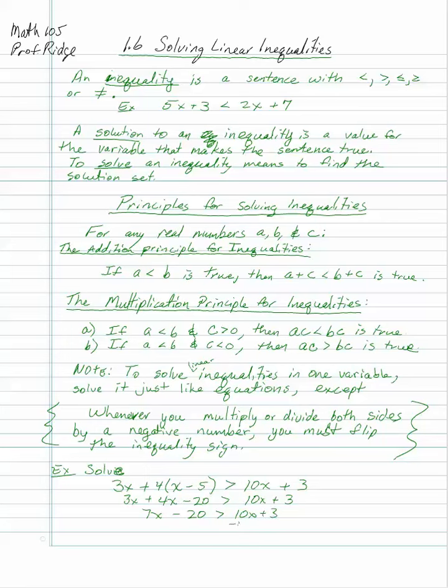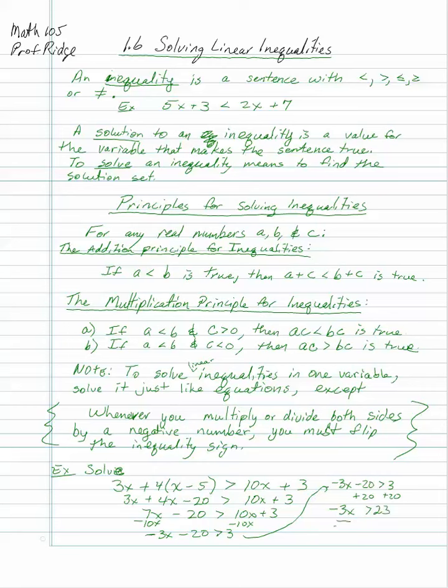Get all the x terms on one side, so I'm going to subtract 10x. I got negative 3x minus 20 is greater than 3. I'm going to add 20 to both sides: negative 3x is greater than 23.